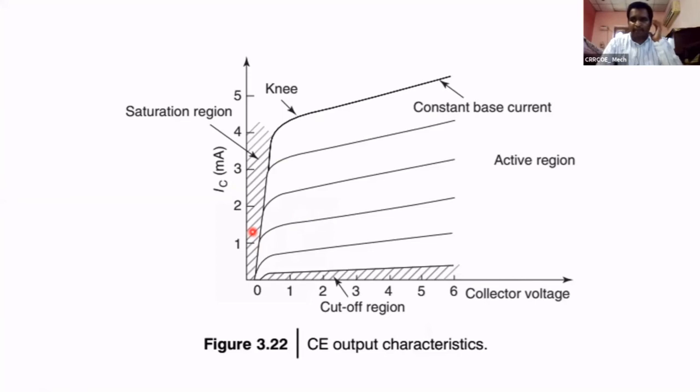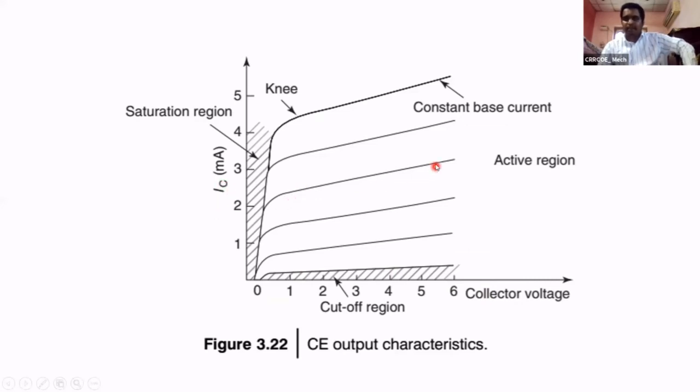When compared with the previous common base configuration, in the common emitter configuration we are getting positive voltage only. There is no negative side. Here this is the saturation region because both junctions are in forward bias. This is the cutoff region, both are in reverse bias. There is no current. But here, as the output voltage increases, the collector current increases a little bit.